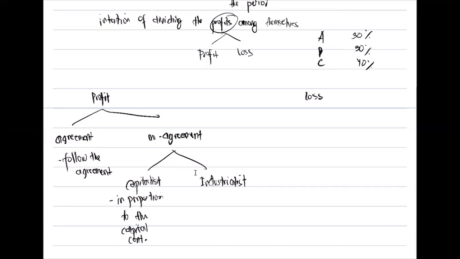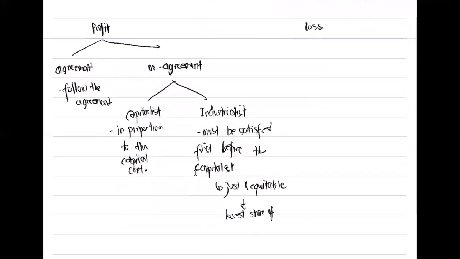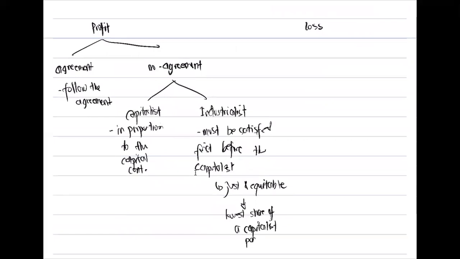And for the industrialist, it must be satisfied first before the capitalist, and the share is just and equitable. So what is that just and equitable? It is the lowest share of a capitalist partner.